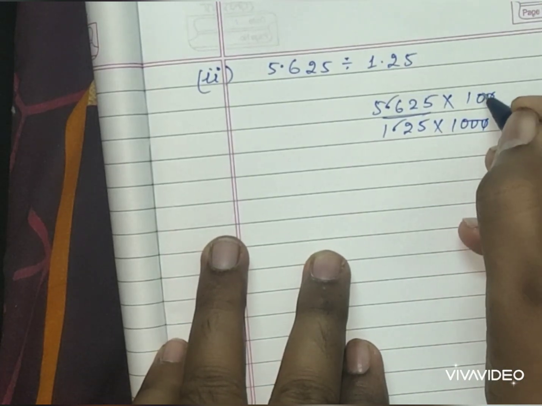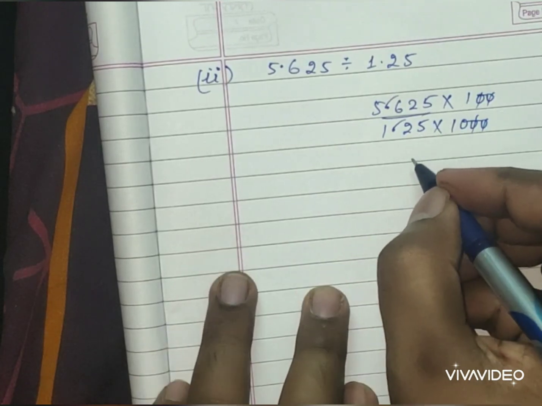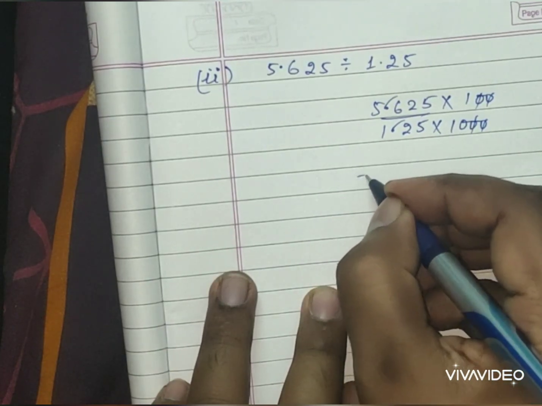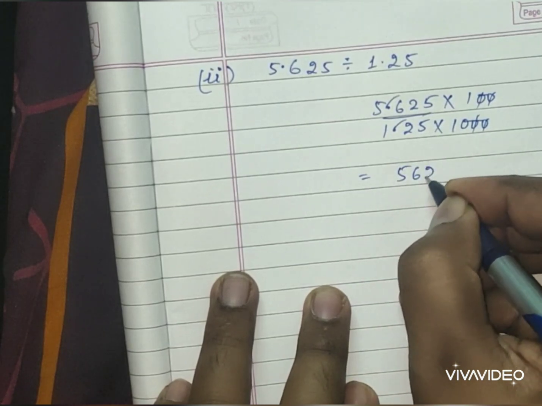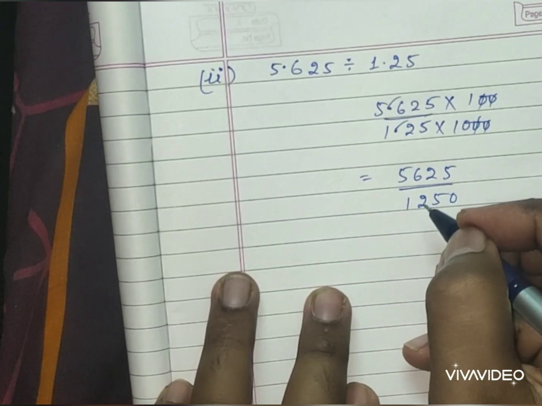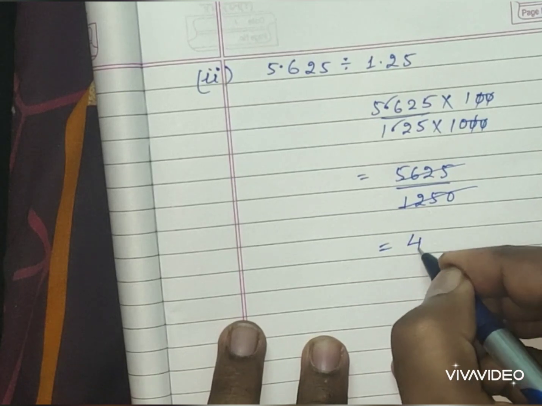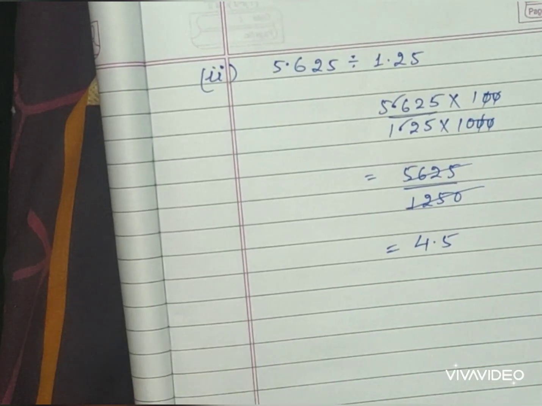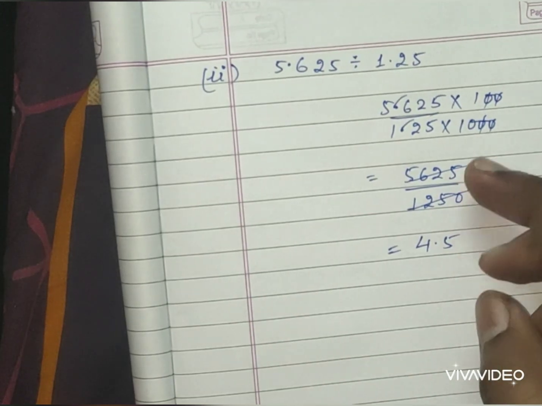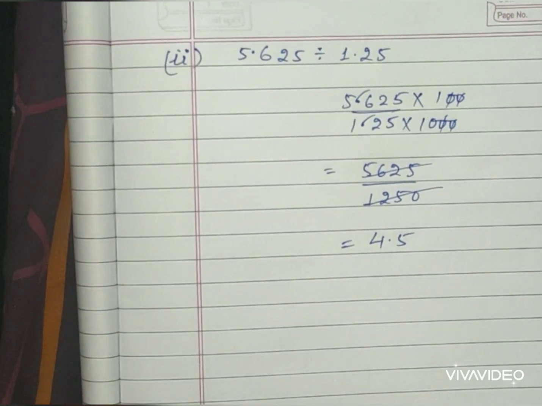So this and this will be cancelled, so you will get 5625 divided by 1250. Divide it, and you will get the answer 4.5. Clear? Just divide it, do this, and you will get it. I hope you have understood how the division is done.